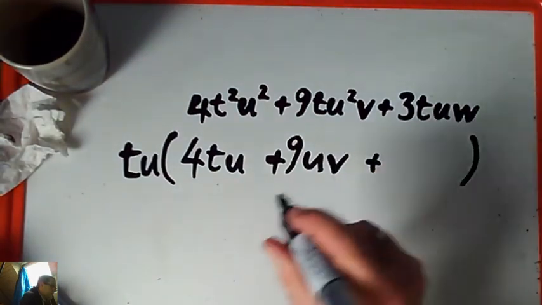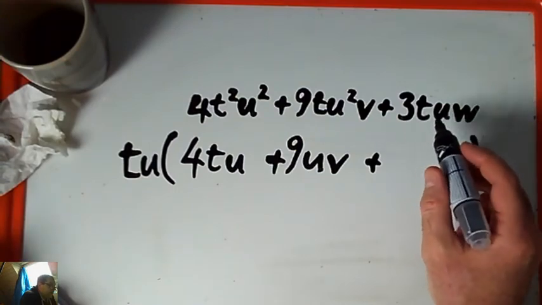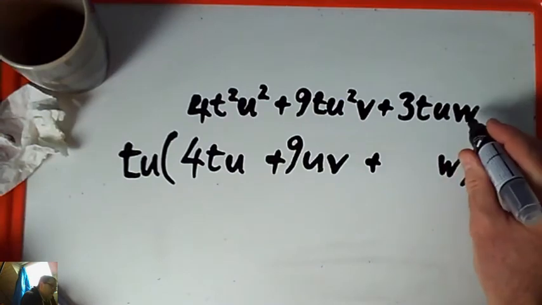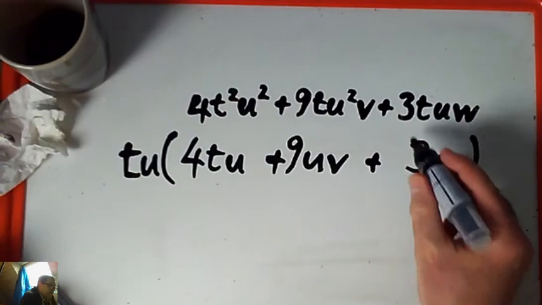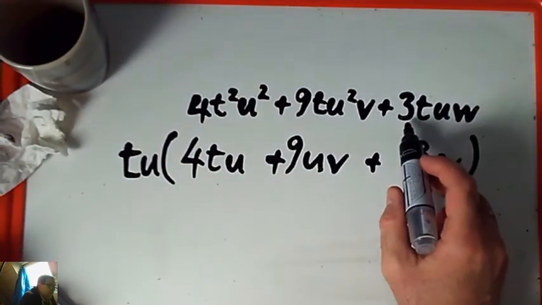Then the last bit, tu times what inside the bracket will give me 3tuw. So I need to multiply that by w to get the w. I need to multiply it by 3 to get the 3. So tu times 3w gives me 3tuw.